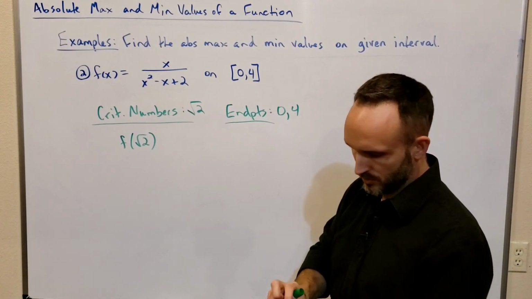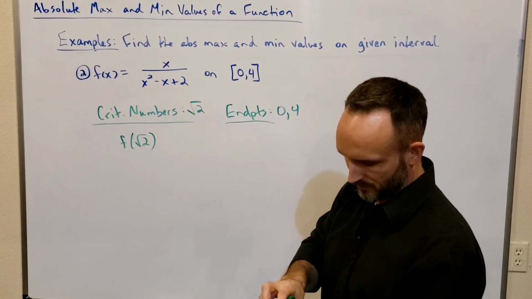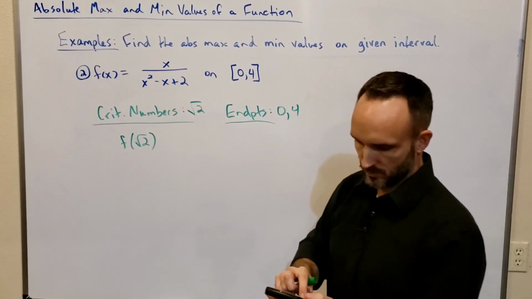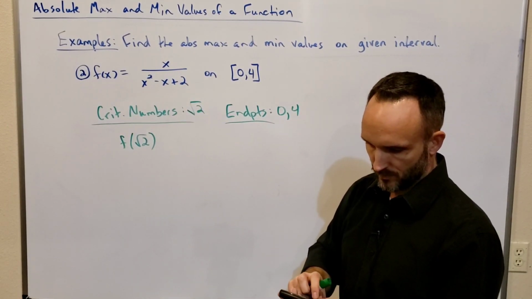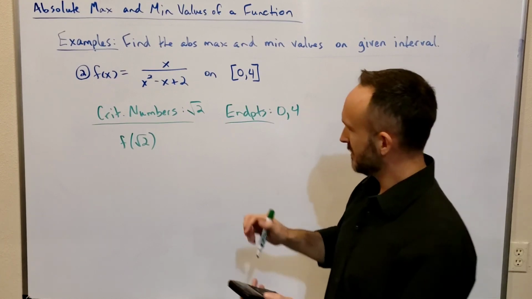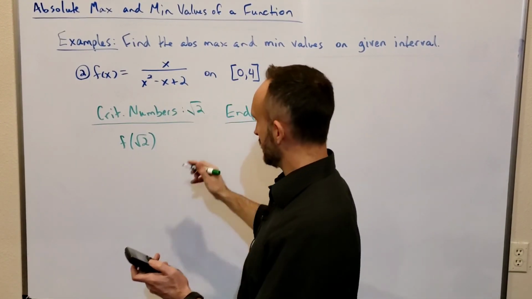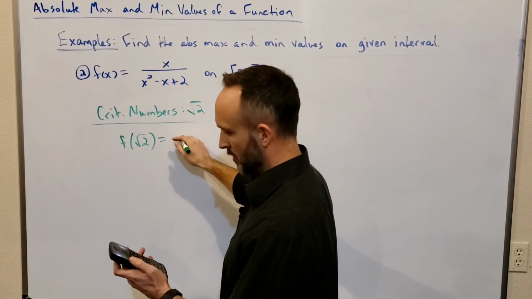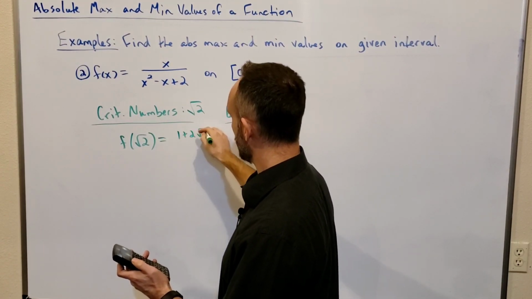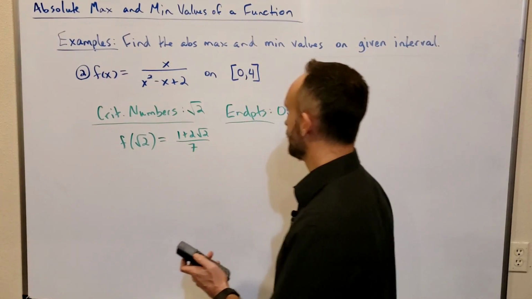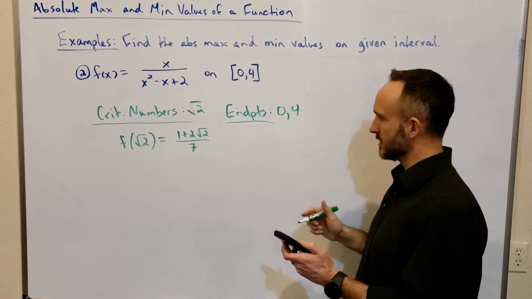So I've got 2 minus the square root of 2 plus 2. And so without a decimal, this is the same thing as 1 plus 2 square roots of 2 over 7. Okay? 1 plus 2 square roots of 2 over 7.